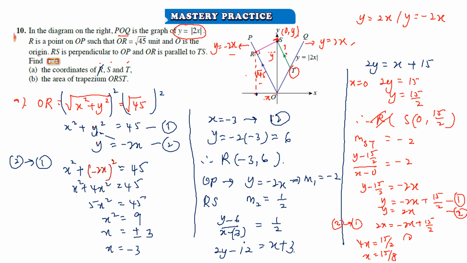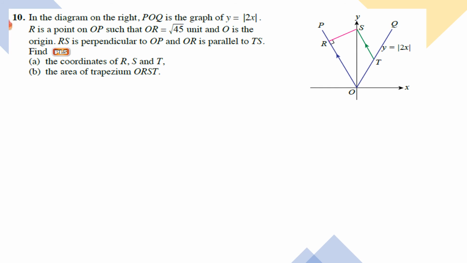Okay, from equation number 2, y will be 2 times x. So we obtain 15 over 4. So that means our coordinates of T will be 15 over 8 and 15 over 4. Okay, then for (b), the area of trapezium ORST.